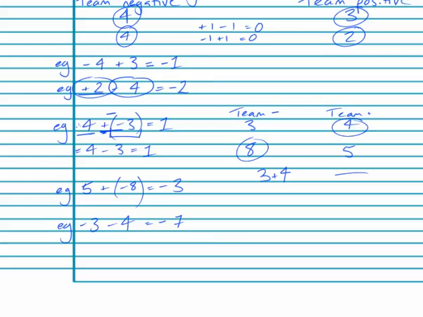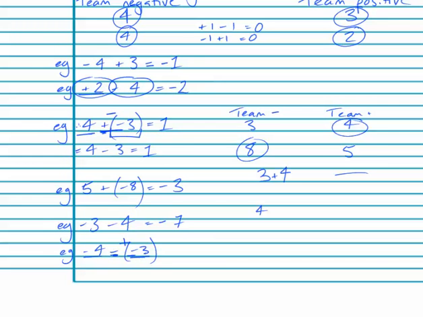The last thing that can get kind of tricky is taking away a negative. -4 minus -3. But still, team positive and team negative will work out. -4, 4 people on team negative, but then I've lost 3 people from team negative.